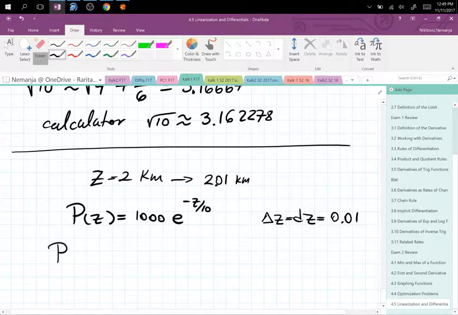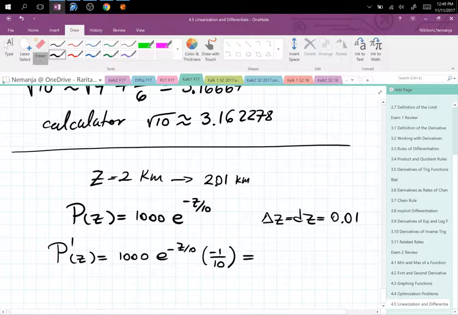And now we need the derivative. So 1000 e to the negative z over 10 times negative 1 over 10 as a chain rule. So it works out to be negative 100 e to the negative z over 10.